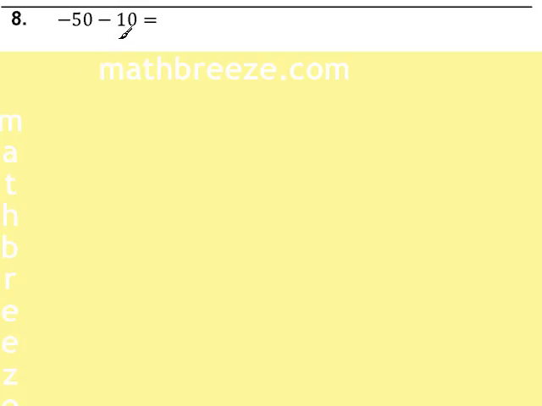In number 8, we're going to do the same thing. We have a negative 50 and we're subtracting 10, so we're going to view this as an addition. And we have this imaginary plus sign in between. So we're going to add these two negatives in the usual way. Negative 50, negative 10 is negative 60.